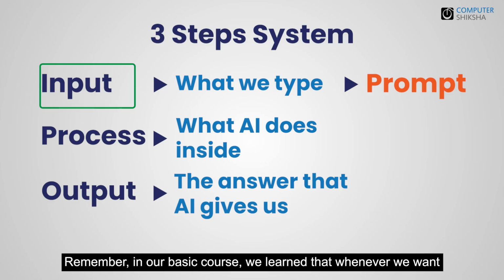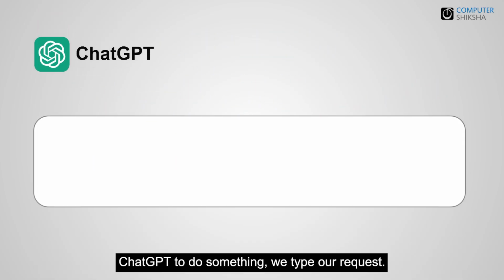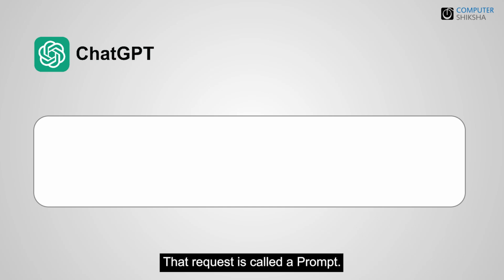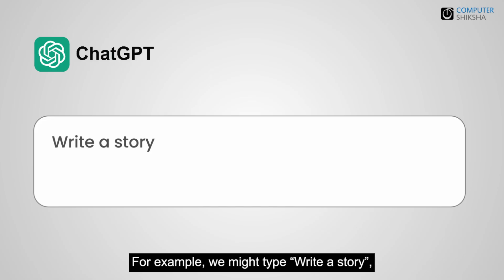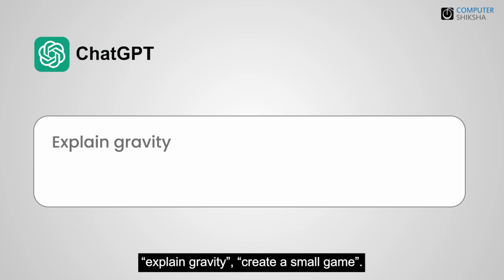Remember, in our basic course, we learned that whenever we want ChatGPT to do something, we type our request. That request is called a prompt. For example, we might type, write a story, explain gravity, create a small game.